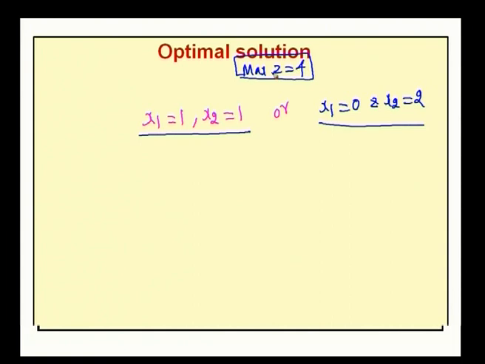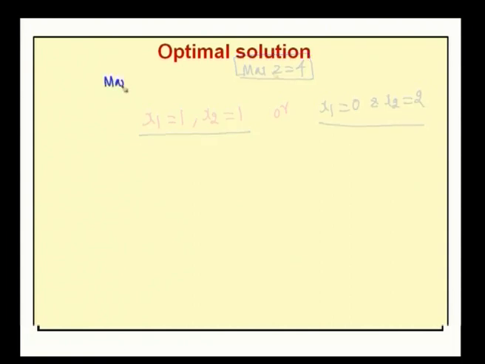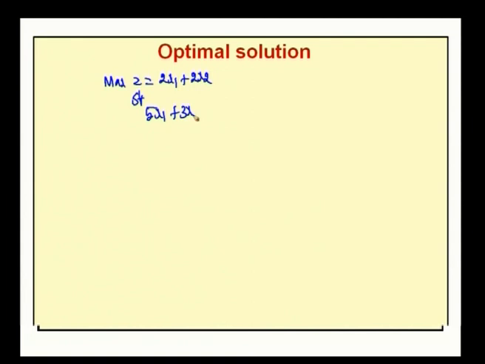The given original problem is maximize z equal to 2x1 plus 2x2 subject to the constraints 5x1 plus 3x2 less than or equal to 8 and x1 plus 2x2 less than or equal to 4, x1, x2 greater than or equal to 0 and integers. This is our original problem.